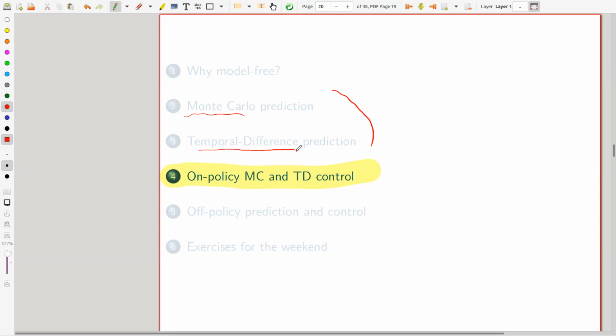Monte Carlo methods, looking up to the end of the experience, and temporal difference methods, doing just one step of experience. And now I just told you that you can also extend them and do 2 steps, 3 steps, or just use all the steps you can do. But anyway, we were doing prediction. Now we have to do control. That means improvement and cycle with prediction.